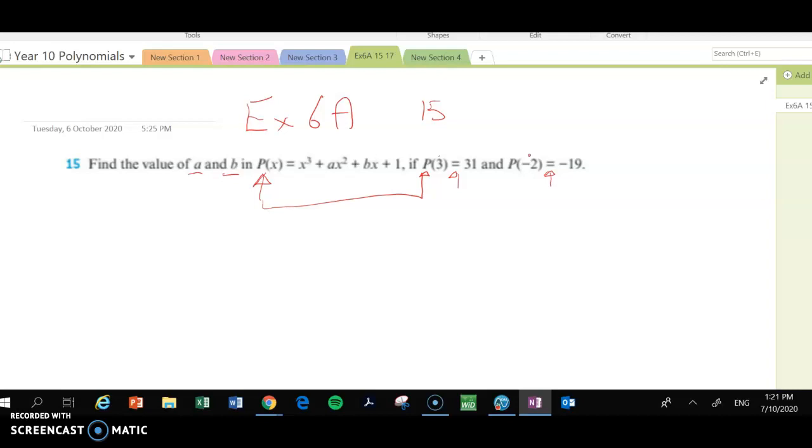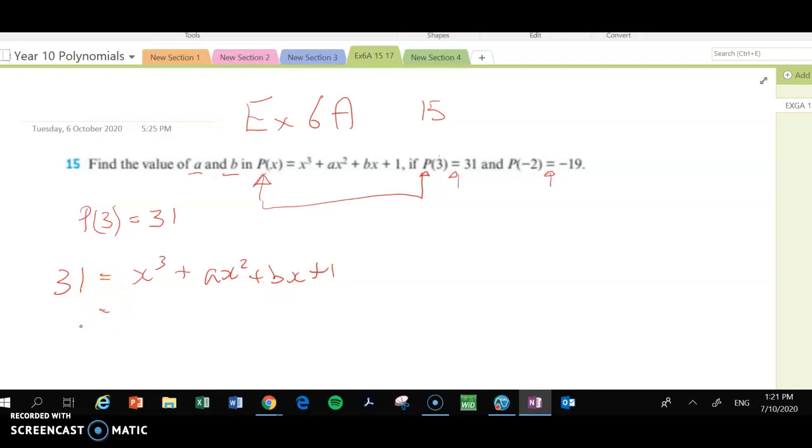We have, let's do the first one. That's p(3) equals 31. So let's substitute 3 into that. So we know that it's equal to 31. So 31, that's what p(x) equals x cubed plus ax squared plus bx plus 1.